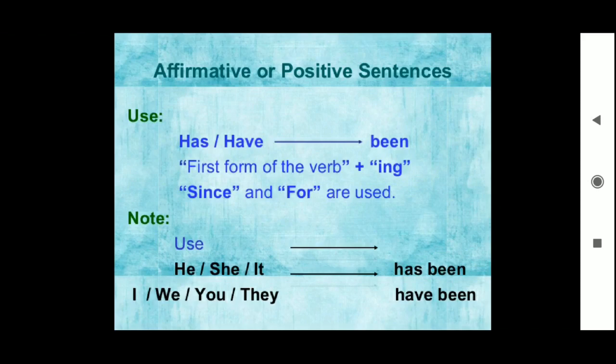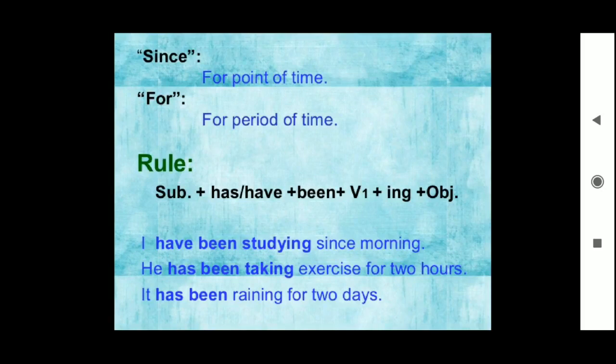Now come to the note. Use has been with subject like he, she, it, or any name. Use have been with subject like I, we, you, they. We use since for point of time and for period of time, that means for duration.